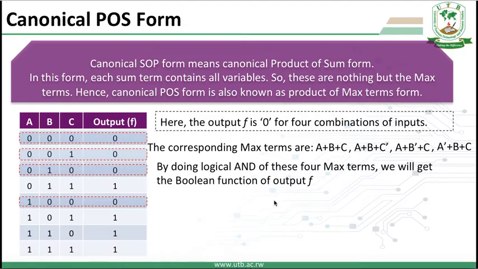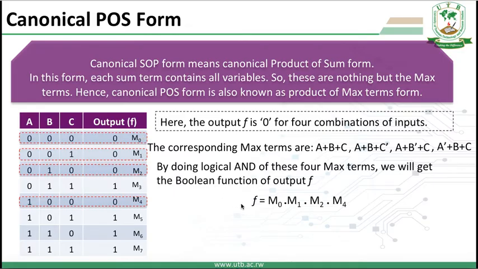We will get the Boolean function of output f equal to M0, M1, M2, M3, M4, M5, M6, M7. I repeat, here also I'm reading M, but look at this, it is a capital because of max term. Min term is denoted with small m, but max term is denoted with capital M.